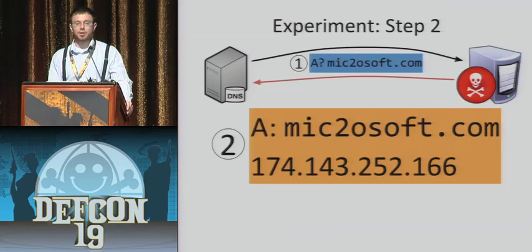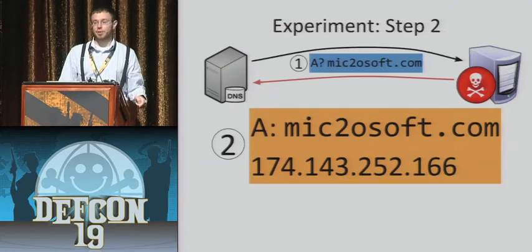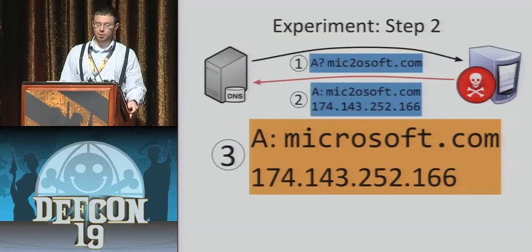But the trick here is that we think that a bit error happened somewhere on that server that asked you for the domain name. Therefore, we will also send it back a second reply for the original domain we expected it to be. And the reason we do this is because if it's expecting a reply for Microsoft.com, it will discard the reply for mic20soft.com, but silently accept the Microsoft one.